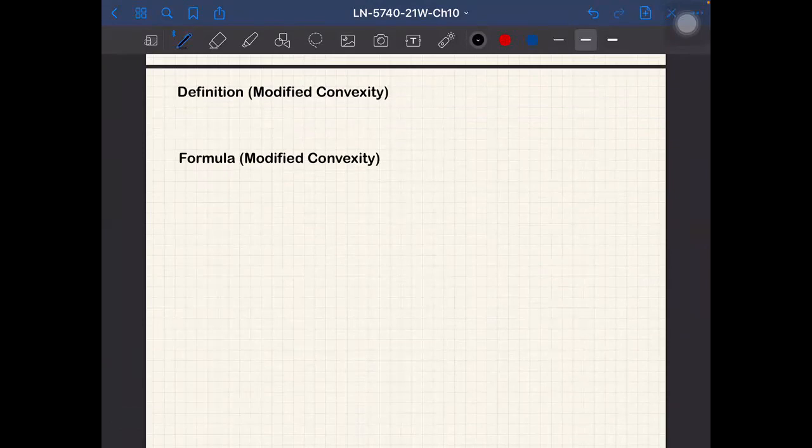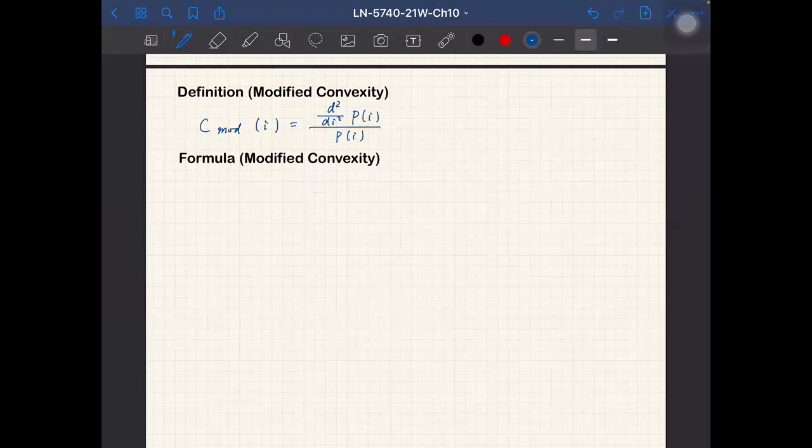The definition of convexity: we write C sub mod, the modified convexity of i, is equal to the second derivative of the present value, where the present value is denoted by P of i. So it is d squared over di squared of P(i), and we normalize this by the price, just as when we defined the duration we divided d/di of P(i) by P(i).